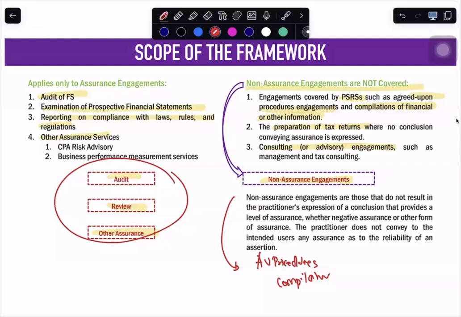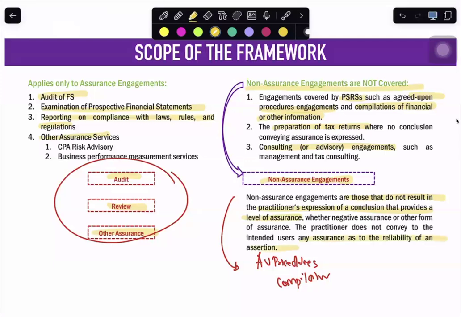So what is a non-assurance engagement? A non-assurance engagement is one that does not result in the practitioner's expression of a conclusion that provides a level of assurance, whether negative assurance or other form of assurance. The practitioner does not convey to the intended users any assurance as to the reliability of an assertion.